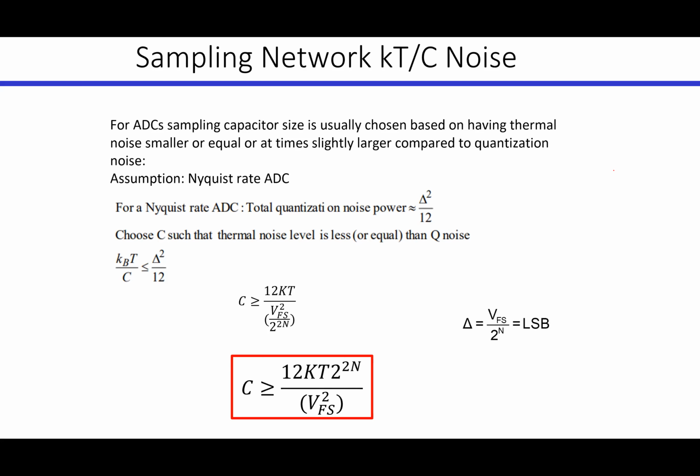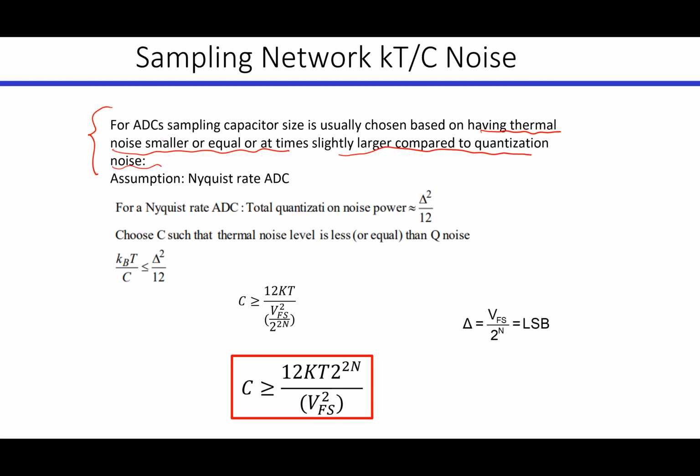For most of the ADCs, we select the value of C so that the thermal noise is smaller than or equal to, or sometimes larger than, the quantization noise.